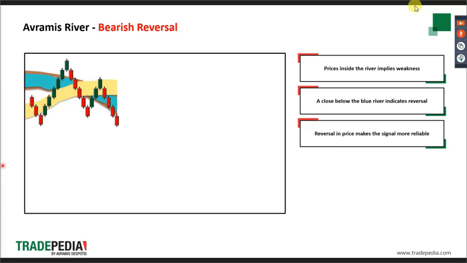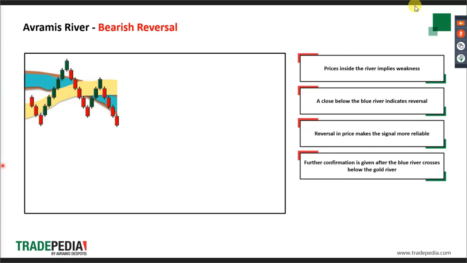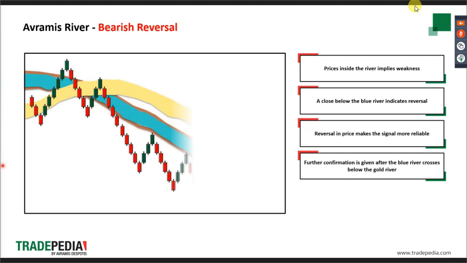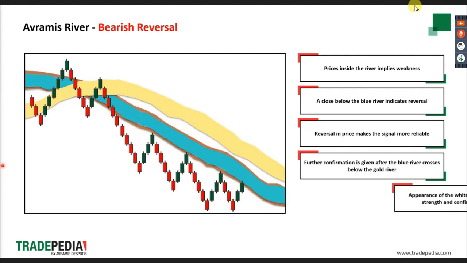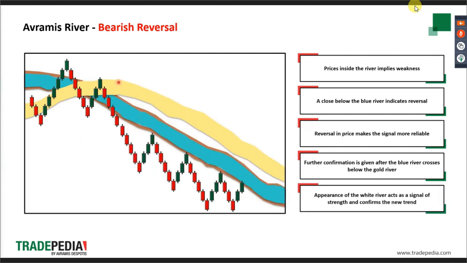So if this is accompanied by the reversal in price, it makes the signal more reliable. And then further confirmation is given after the blue crosses the gold river. And in here, we also have our white river in the middle, which signifies the strength of the trend.